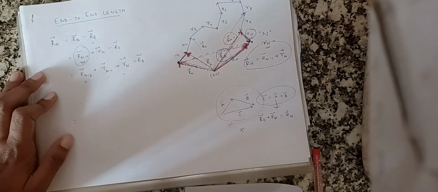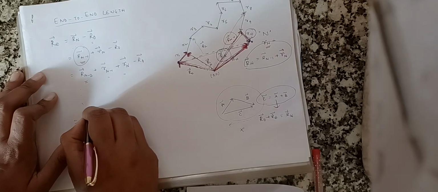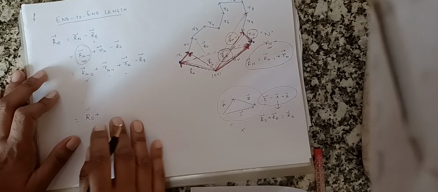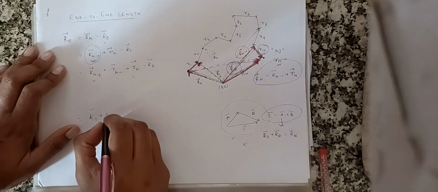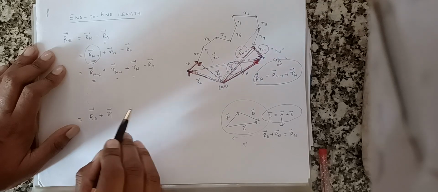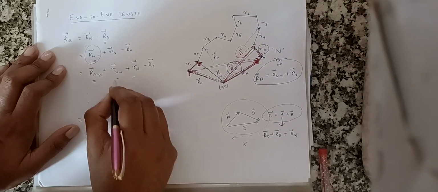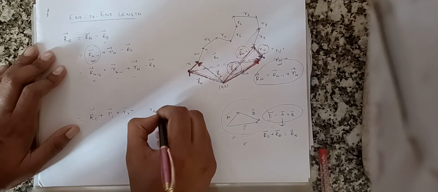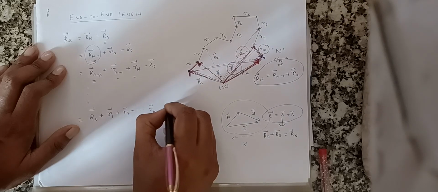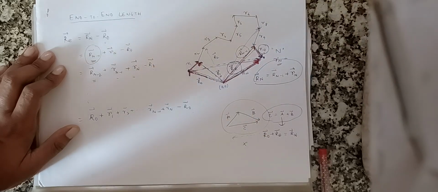You will have capital R0 plus small r1, and by that time you have r2, r3, r4, everyone present here, r2 plus dot dot dot, and then finally these two terms, rn minus 1 and rn, and finally minus r0. This r0 remains here, right?